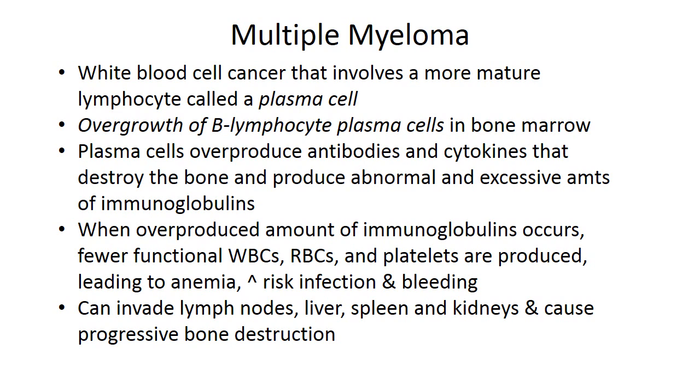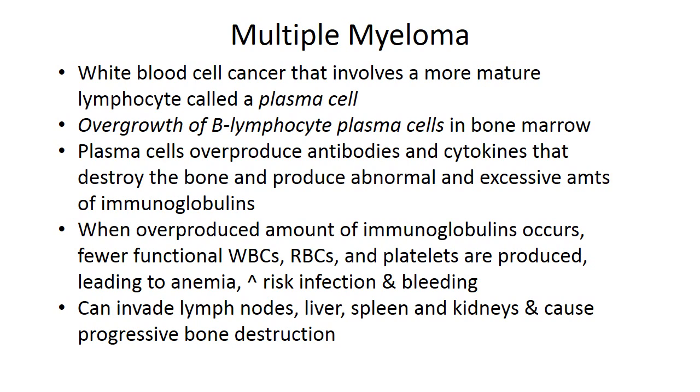Multiple myeloma is actually a white blood cell cancer that involves a more mature lymphocyte called a plasma cell. Overgrowth of B lymphocyte plasma cells in the bone marrow is definitive of multiple myeloma. These plasma cells overproduce antibodies and cytokines that destroy the bone, and produce abnormal and excessive amounts of immunoglobulins.